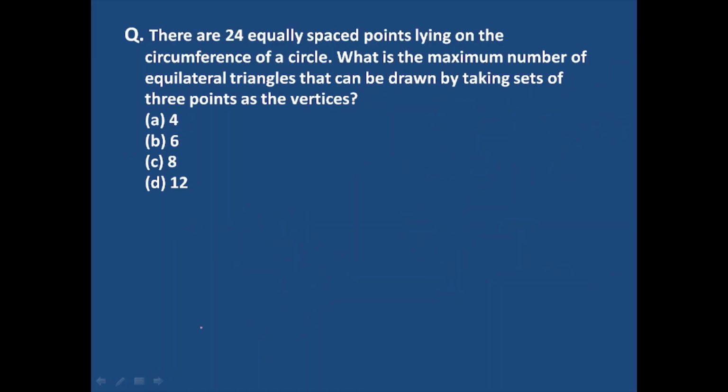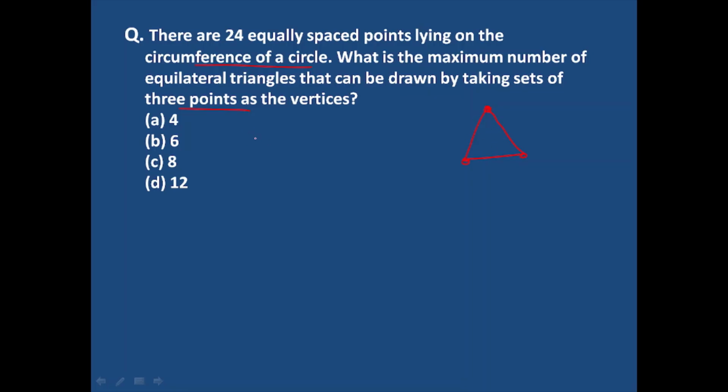Now the next question: there are 24 equally spaced points lying on the circumference of a circle. What is the maximum number of equilateral triangles that can be drawn taking a set of 3 points as the vertices? To form any triangle or equilateral triangle, you need 3 points, because a triangle consists of 3 vertices.